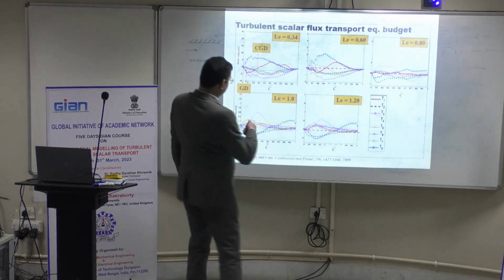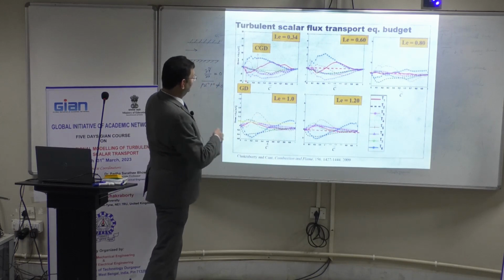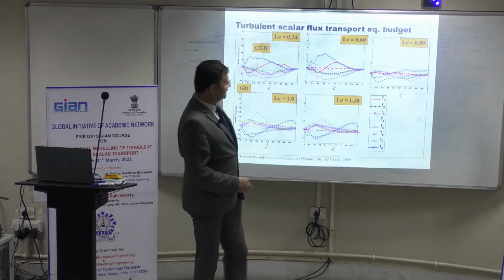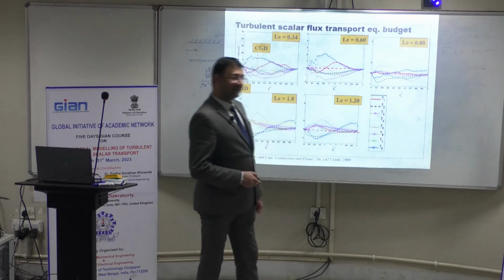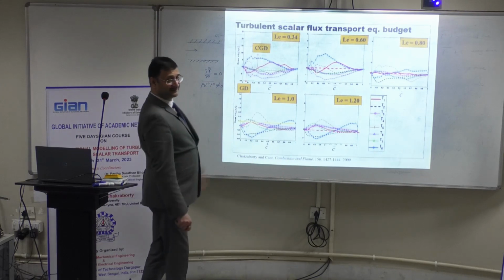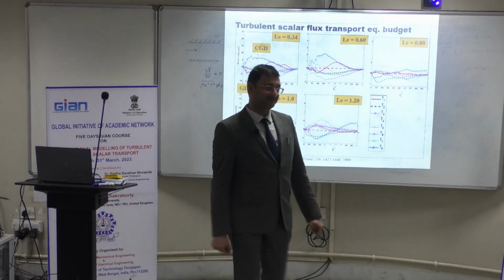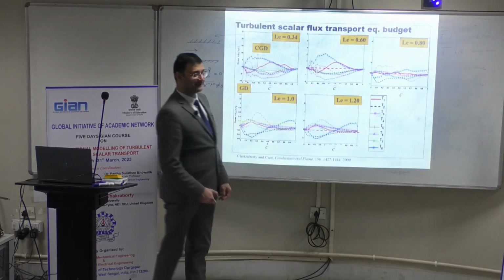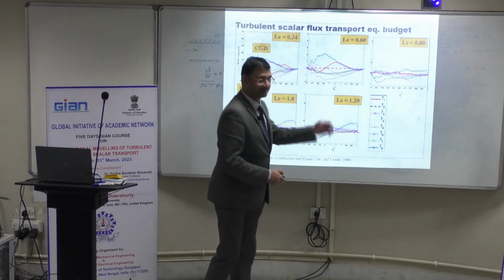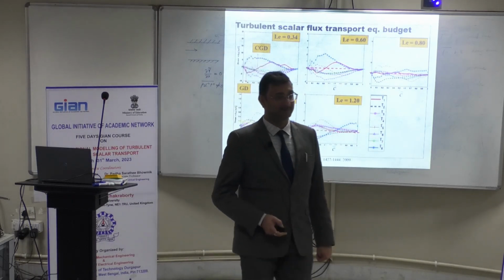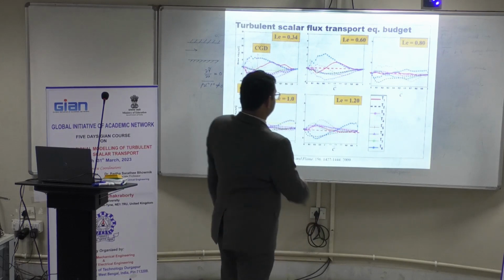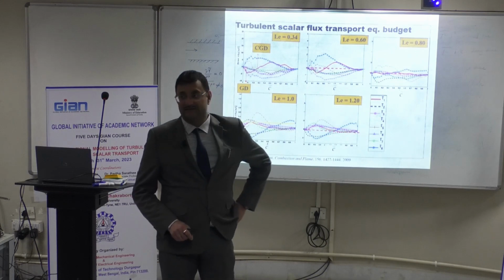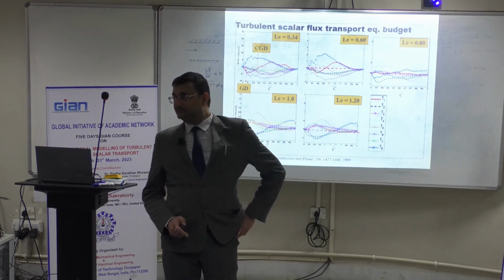The terms under this line promote gradient transport. You will find T6 and T7 are negative for this, trying to bring it down, counter gradient transport. In the case where you have predominantly gradient type of transport, T6 and T7 are positive, basically trying to promote gradient type of transport. In all cases, this mean pressure gradient term remains a significant contributor. Okay?